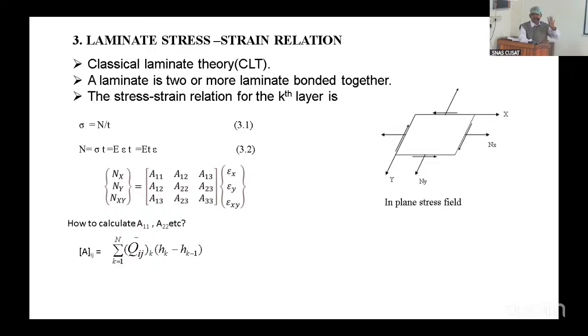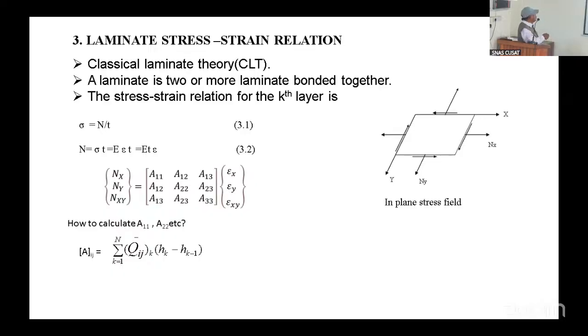One unit is removed for easiness. So similarly, here sigma is equal to N by T, where N is the stress resultant. Stress resultant is Newton per mm. In the bottom, one more mm is coming as T, so Newton per mm squared it will come.